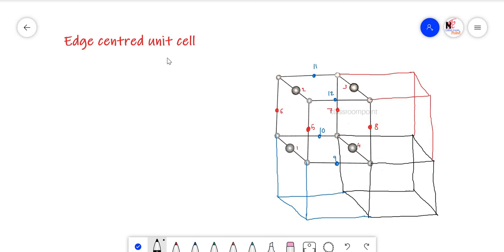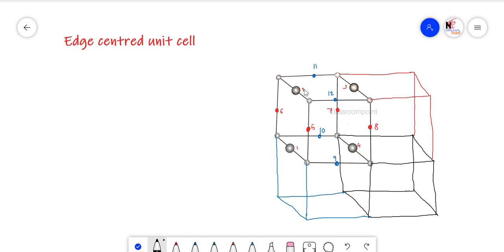Next one, edge-centered unit cell. So imagine all the corners and all the centers of the edges are occupied by the constituent particles. There are 8 corners and 12 edges.